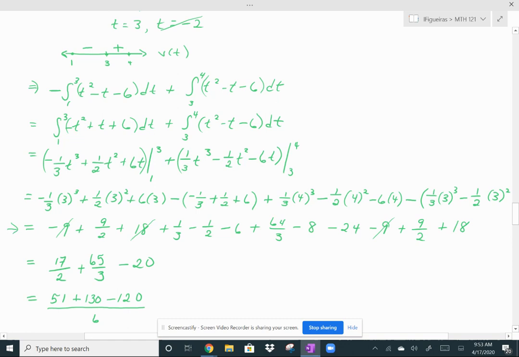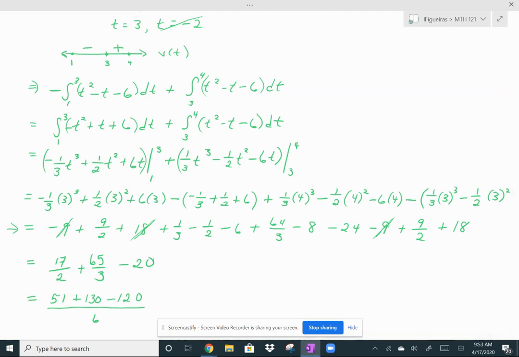There's a lot of numbers on this line, so I looked for things that would cancel out immediately. This -9 and this -9, that's -18, canceled with this 18, so I didn't have to worry about that. Then I combined all of the fractions with 2 in the denominator, so I got 17 halves, and then I combined the fractions with 3 in the denominator, these two, and I got 65 over 3, and I combined all of the integers that were left to get -20.